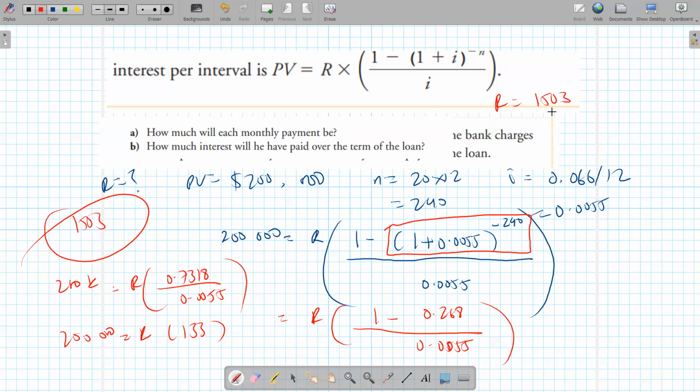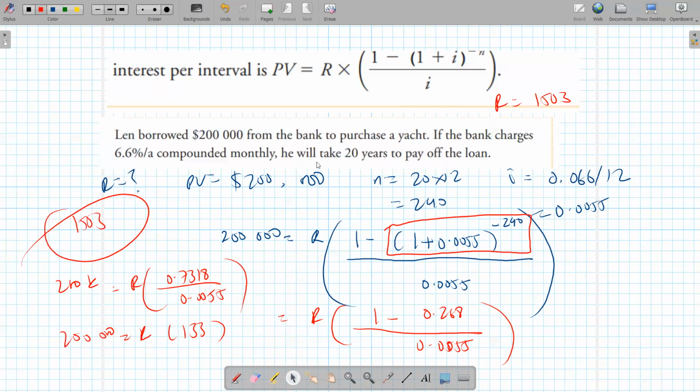Again, remember what R means: R is the amount he pays periodically. Part B is asking us for the interest. Do you divide R by something?